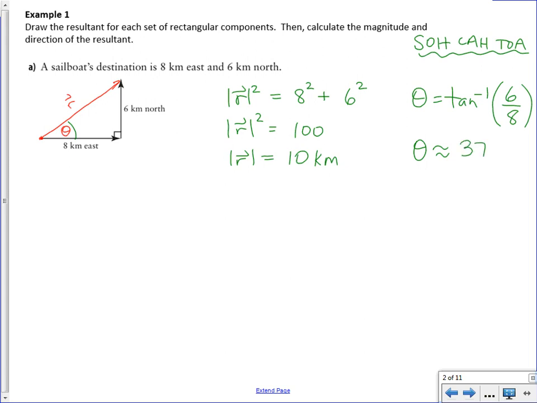Okay. So the resultant is 10 kilometers. And the 37 degrees is this angle right here.